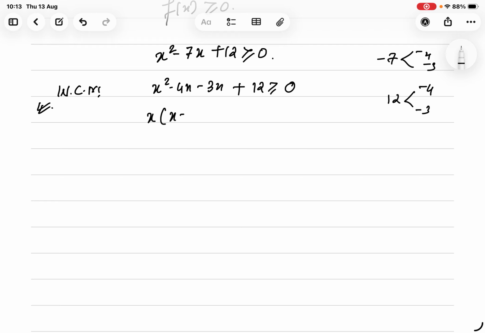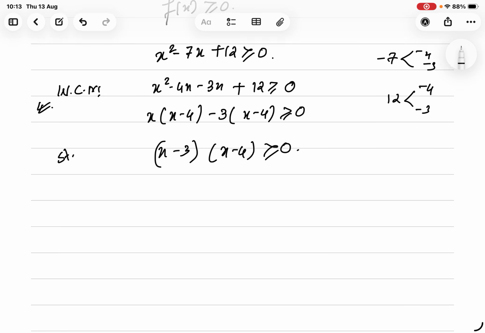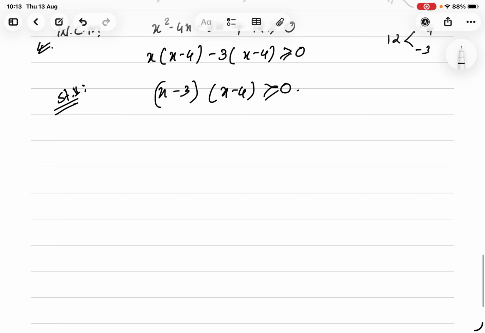And now x is common, x minus 4, minus 3 is common, x minus 4. Now the factors x minus 3, x minus 4 are greater than or equal to 0. It means the first step of the wavy curve method is clear. What it says: make factors. Second, find the critical points, 4 and 3.